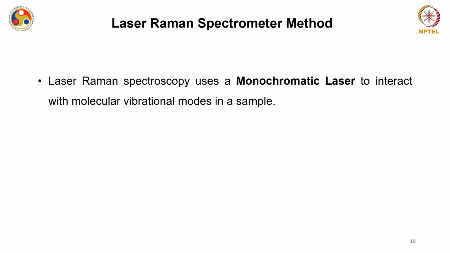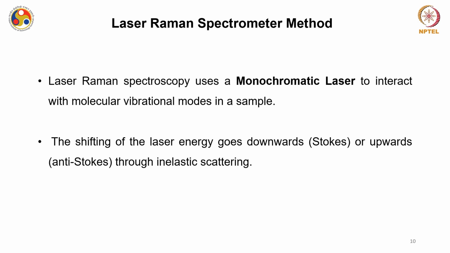We know that there are various laser sources which are very popular, like say 521 nanometer laser or 640 nanometer lasers. They are all monochromatic laser sources. They are very popular in Raman spectroscopy. So, what it does, it interacts with the material.